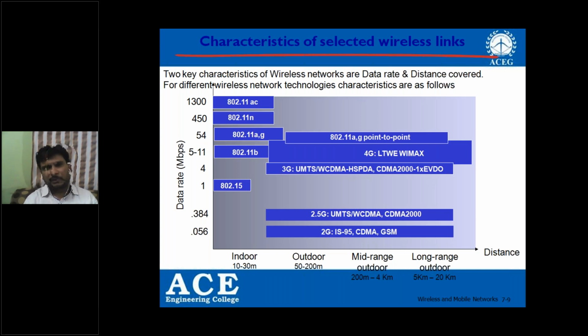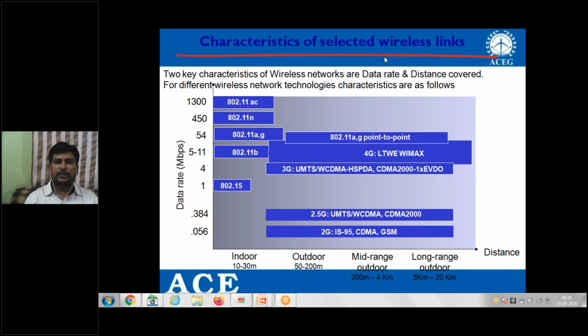If you look at the previous versions, the data rate was not much higher. In 1G, 2G and 3G the data rate was at most around 2 Mbps, and now with 4G we find an improvement, with different technologies associated with wireless networks. In 2G we have a very low data rate of 56 kbps.